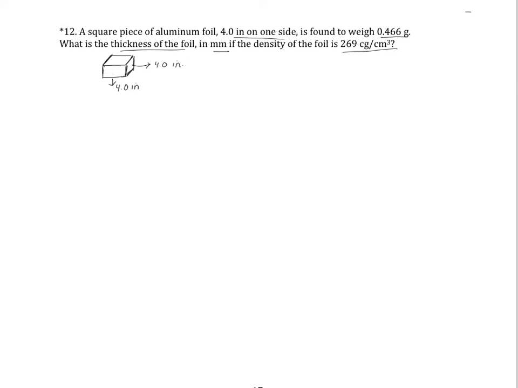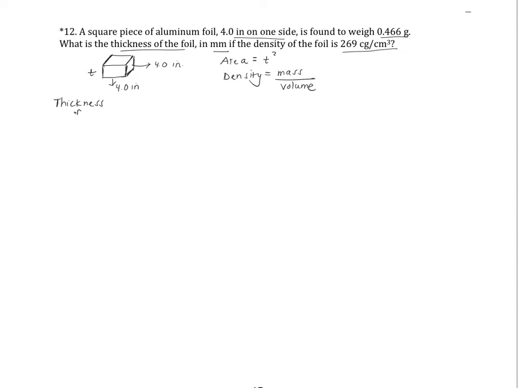But we have to take into account the density and the mass to determine our thickness, which we'll label T. And because this is a square, we know that the area of a square will be your side squared. And we know that density is equal to mass over volume. And we can determine the thickness of the foil by the following formula.